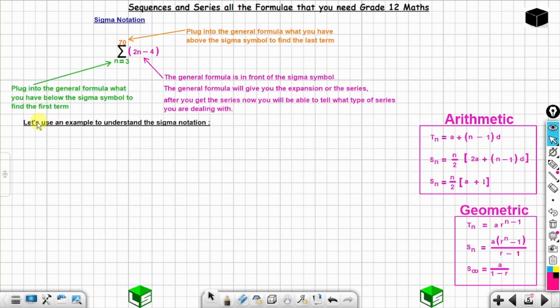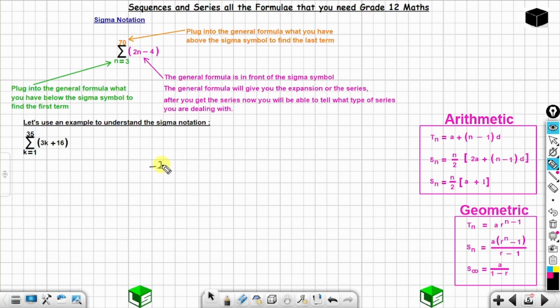Let's use an example to understand the sigma notation. So, we are going to use this. To find the first term, you have to plug k is equal to 1. Let me show you. Let's say, for example, you have -2 below the sigma symbol.